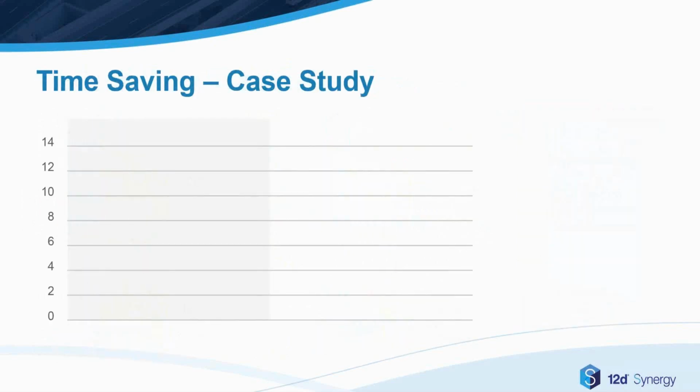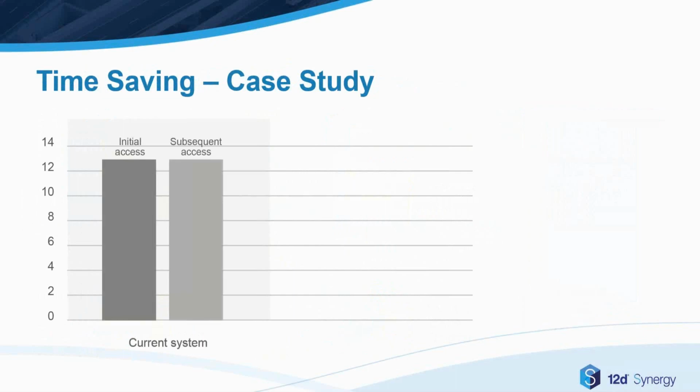Another great example is purely on time saving. One of our customers ran a business case on a 12-week car parking project. They had 6 12D model users collaborating and work sharing on the job. They found that on their standard systems, which I'm pretty sure was just File Explorer, the initial access to the data took them on average about 13 minutes, but any subsequent access would still be 13 minutes.